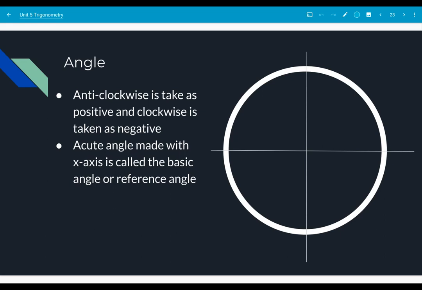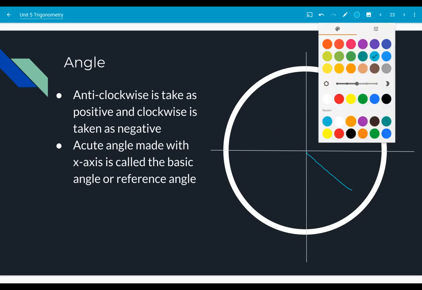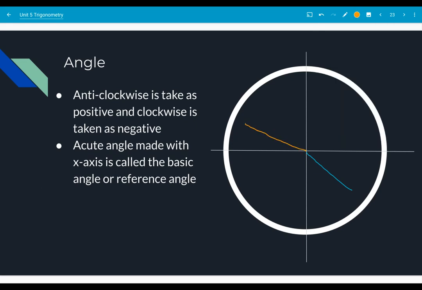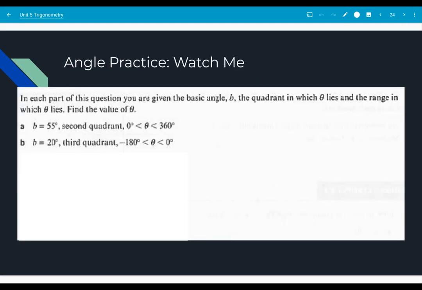The angle made with the x-axis, the acute angle, remember acute being the small angle, is your reference angle, the base angle, or sometimes called the principal angle. So let's take a look at these two.